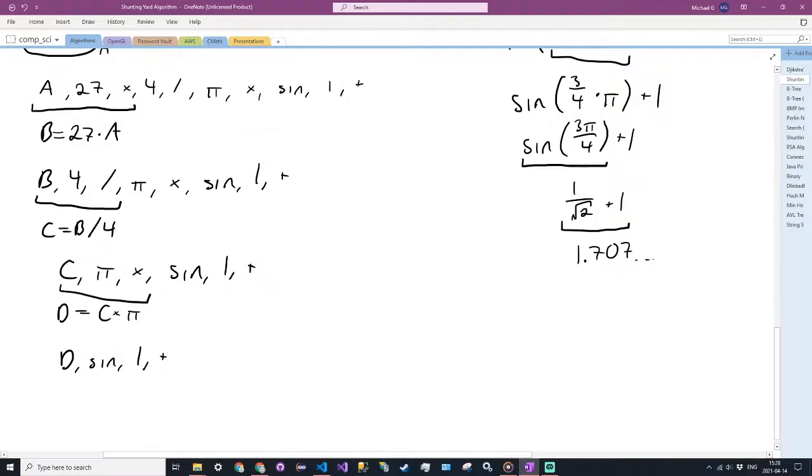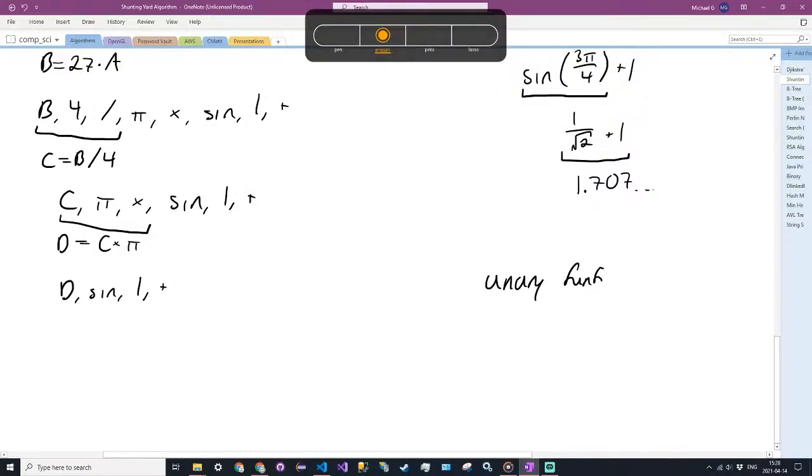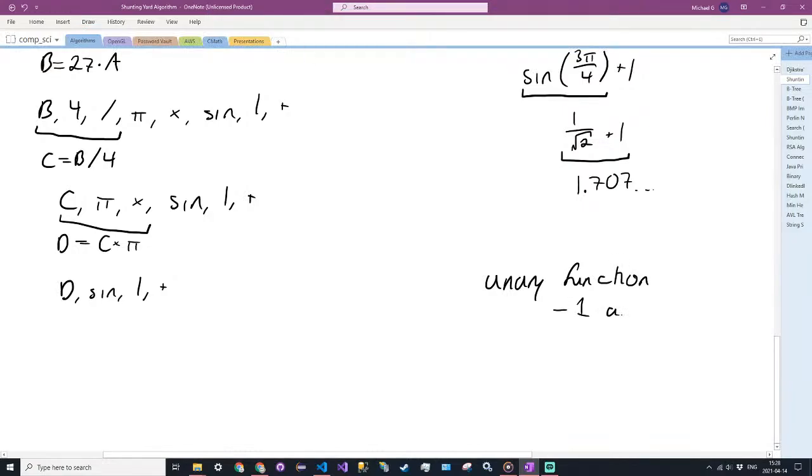So then we have a D, a sine, 1, plus. Now this is different because we don't have an operator linking this sine and the D. However, the sine is what we call a unary function, which is a function that will only take in one argument, as opposed to a binary function, which takes in 2 arguments.